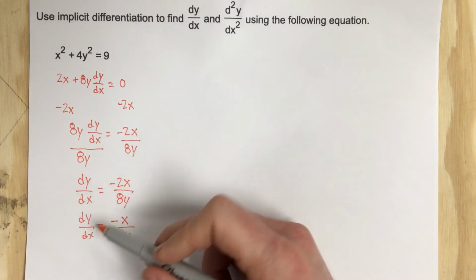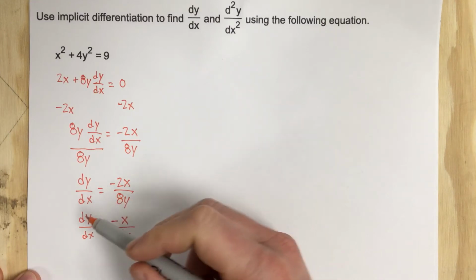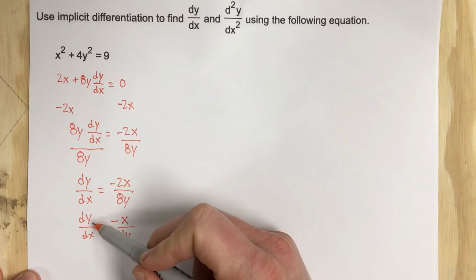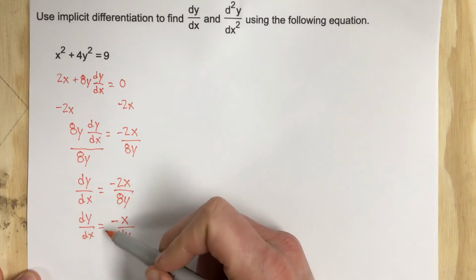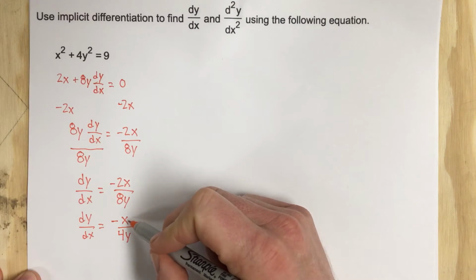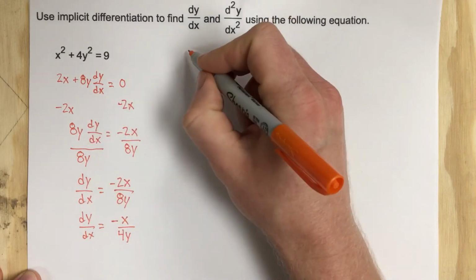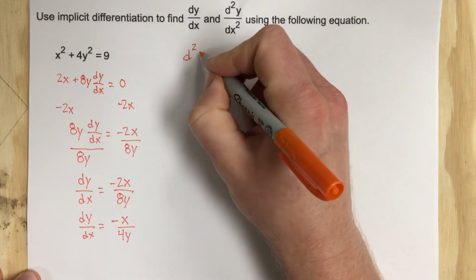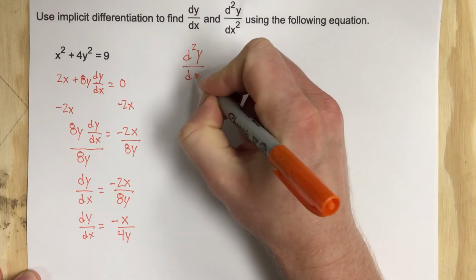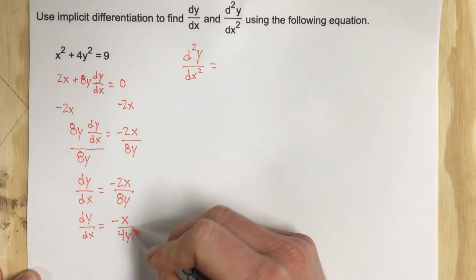So if we want to take a second derivative, we just need to take the derivative of this equation. Now we actually have something that is essentially y as a function of x. So we're still going to use implicit differentiation because we have both x and y on the right side. But we can just write that the second derivative, d squared y over dx squared, is equal to the derivative of the right side.